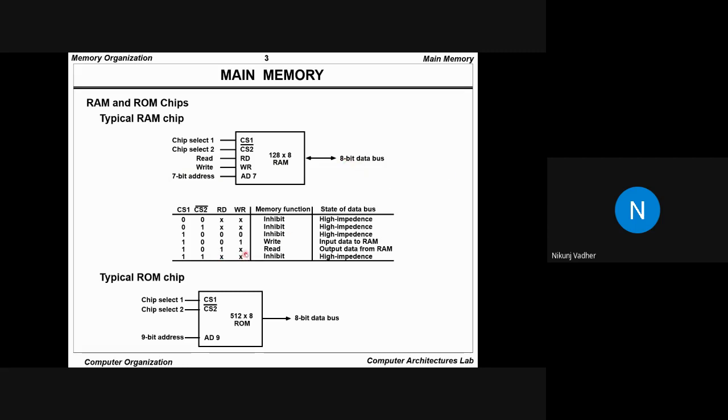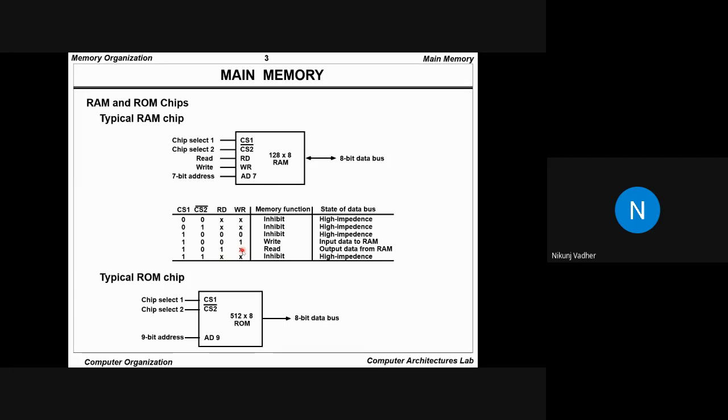What is the meaning of don't care? If the read input is enabled, then whatever value of write is there, it won't be considered. So in simple words, read has higher priority compared to write.